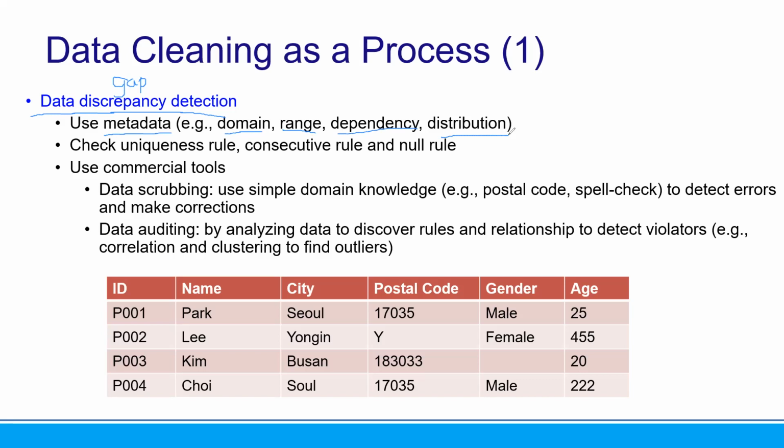For example, we want to check the uniqueness, or we want to see the consecutive rule, or the null rule.